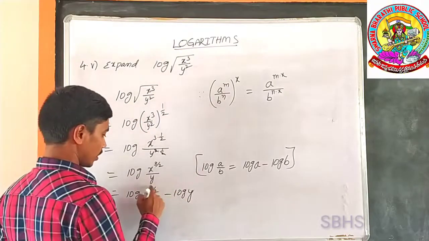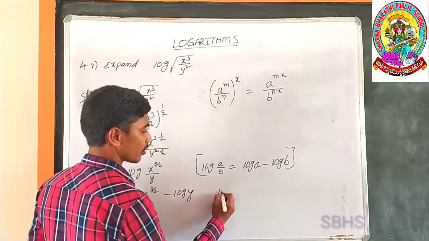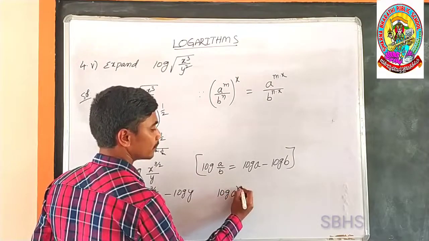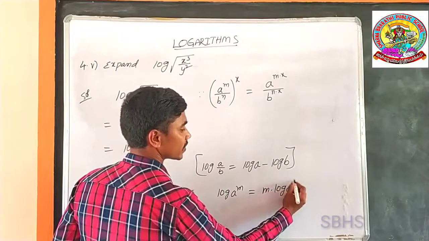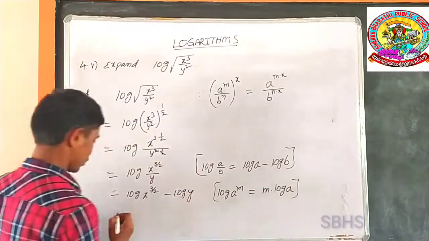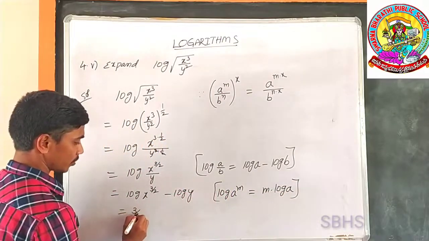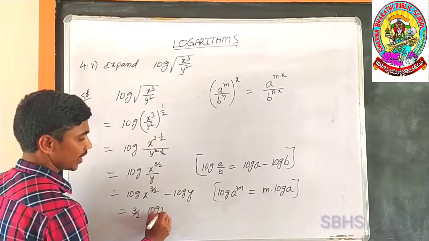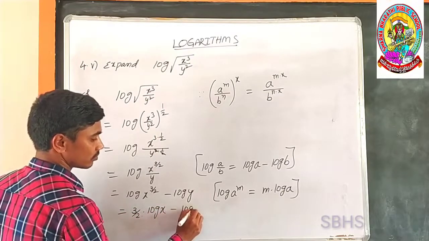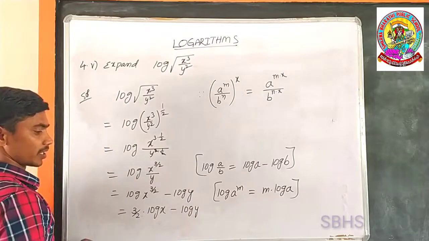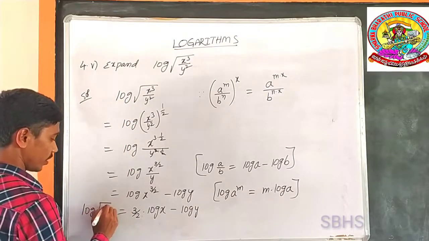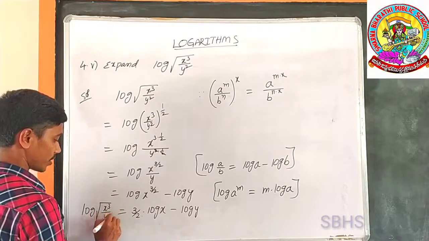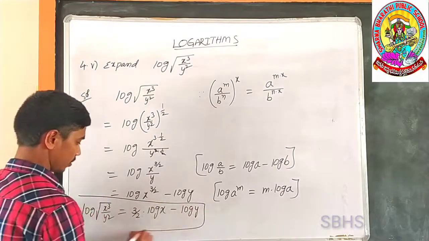Next, log x power 3 by 2, it is in the form of log a power m, which is equals to m into log a. So 3 by 2 into log x minus log y is equals to log square root of x cube by y square. This is the solution.